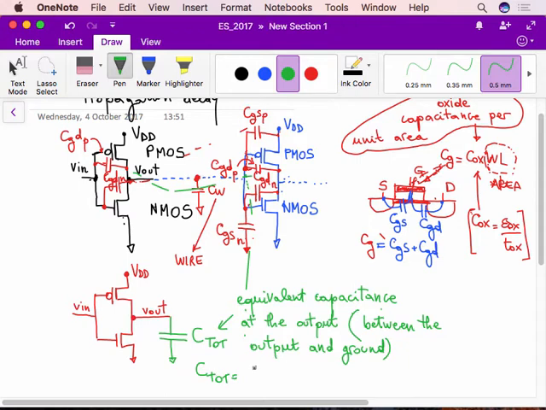So basically this C tot is the capacitance of the wire plus the CGSN plus the CGSP, because these are connected between output and ground, and then we have twice the sum of all the capacitances between gate and drain.